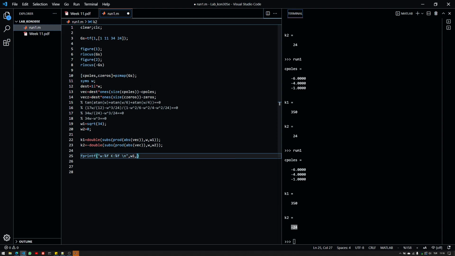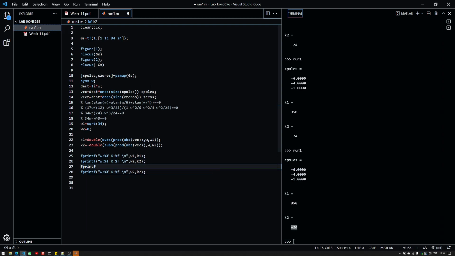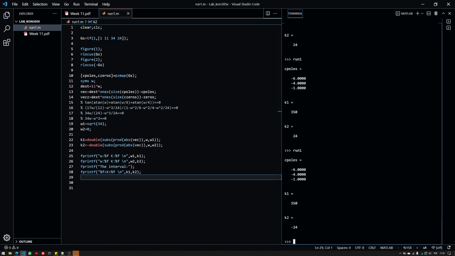And give it omega 1 and k1. So repeat this for the second one with omega 2 and k2. And then the interval is given as k less than and less than, and then k1, k2. There we go.